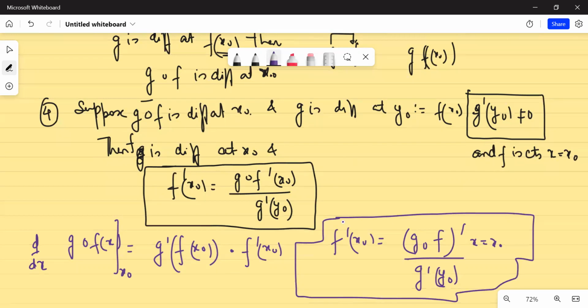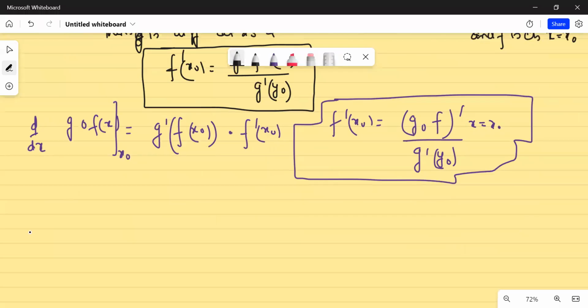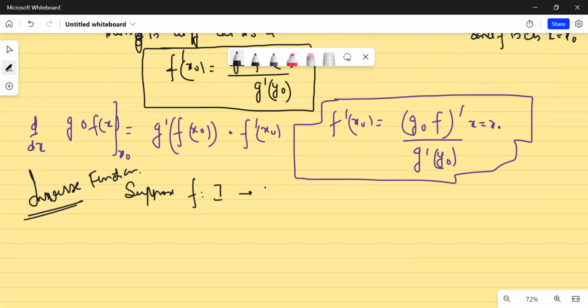Sir. And similarly, there is something called the inverse function theorem, which I'm going to write here. These are very important for your exam. You'll find that direct application based questions are coming. Inverse function theorem, IFT. Suppose f is defined from an interval I to J and is a bijective function. You know the bijective function?